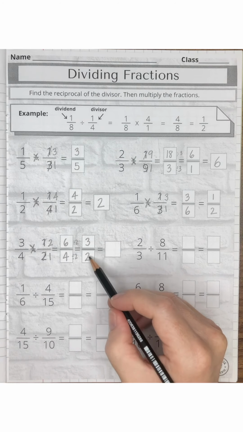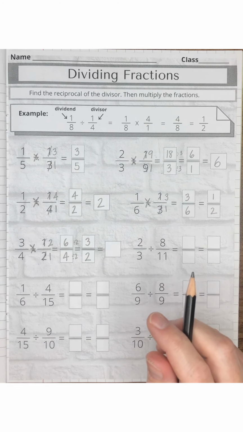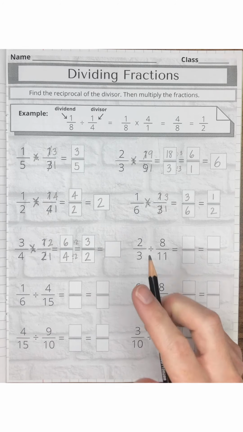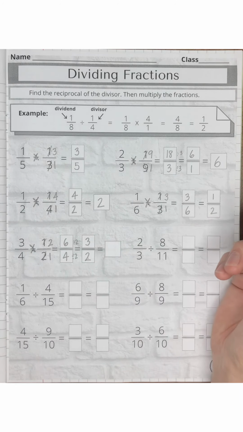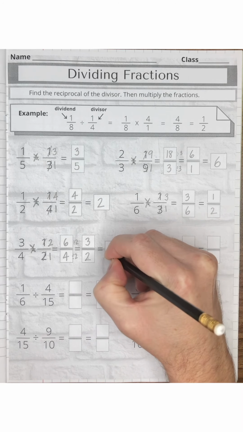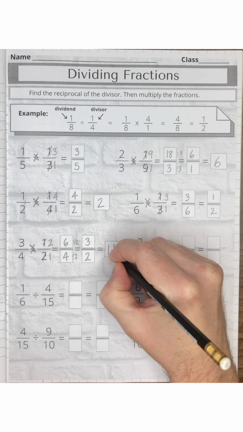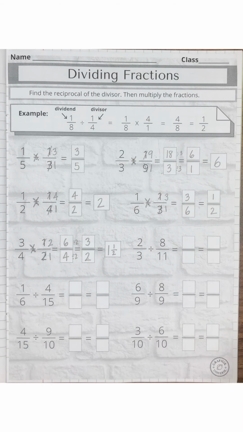And we can change our improper fraction into a mixed number. To do that, we simply solve the fraction. 3 divided by 2. 2 can go into 3 one time with a remainder of 1. Denominator stays the same.